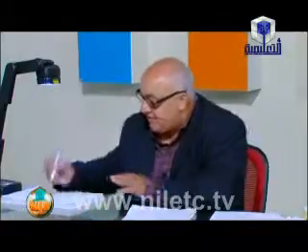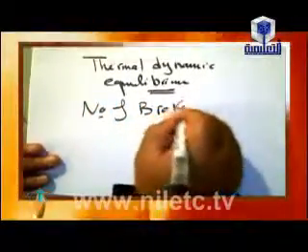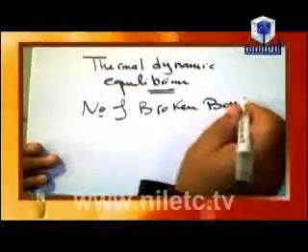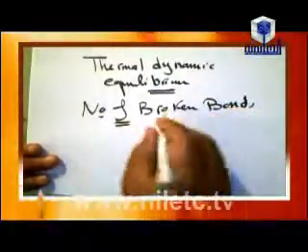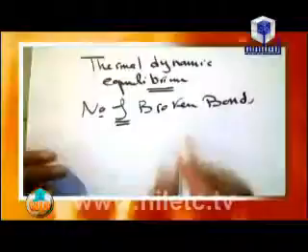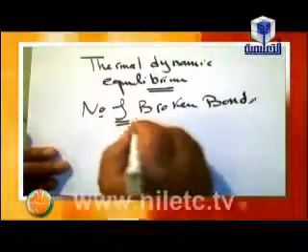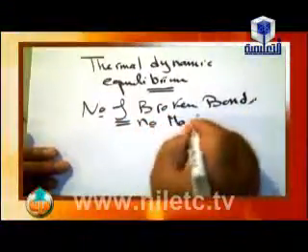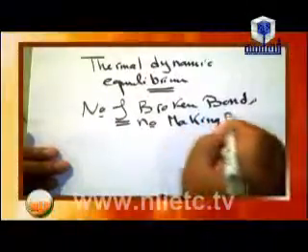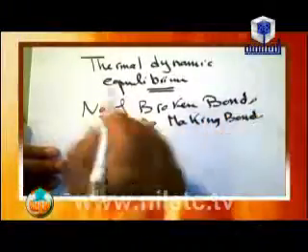So in this case, we have two processes, breaking a bond and formation of a new bond. In case of thermal dynamic equilibrium, the number of broken bonds is equal to the number of made bonds. This is in case of thermal equilibrium.